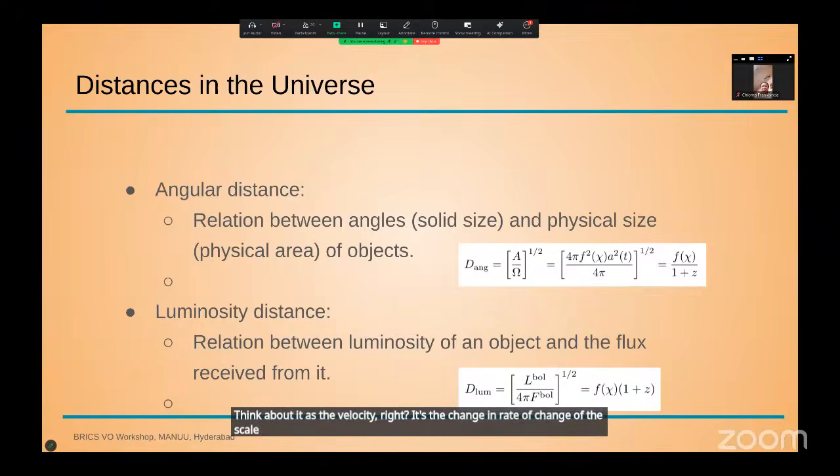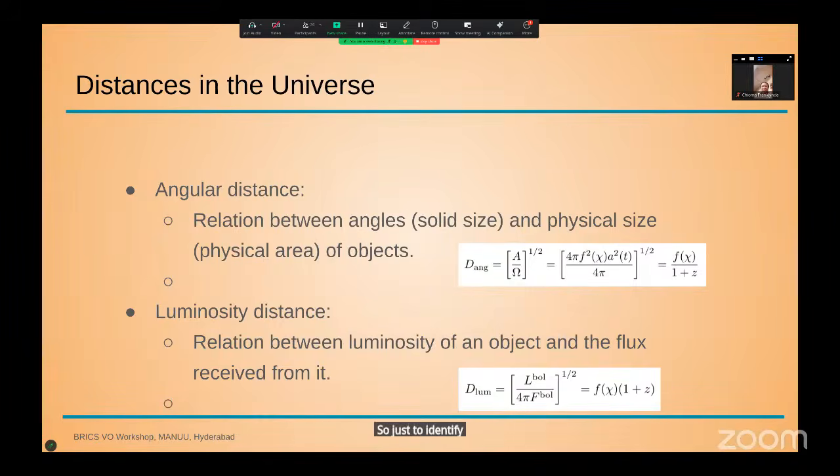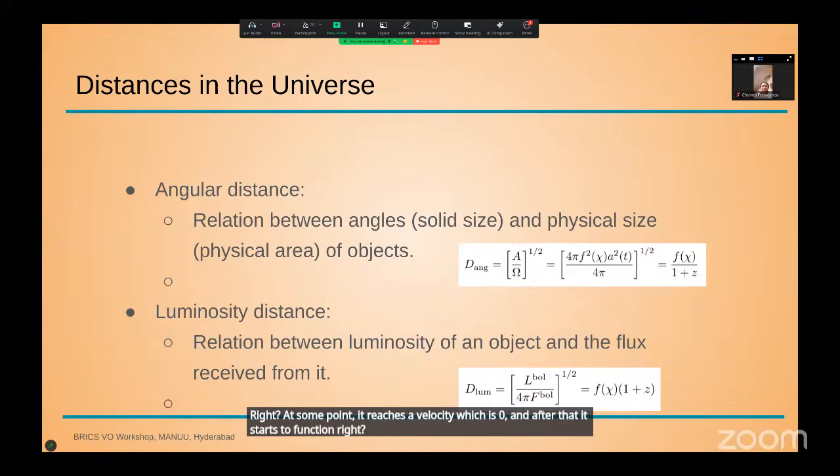That's the velocity. So just like if I take this cap and throw it up, at some point it reaches a velocity which is zero, and after that it starts to come back down. Similarly, the expansion rate of the universe also changes depending upon the constituents of the universe.